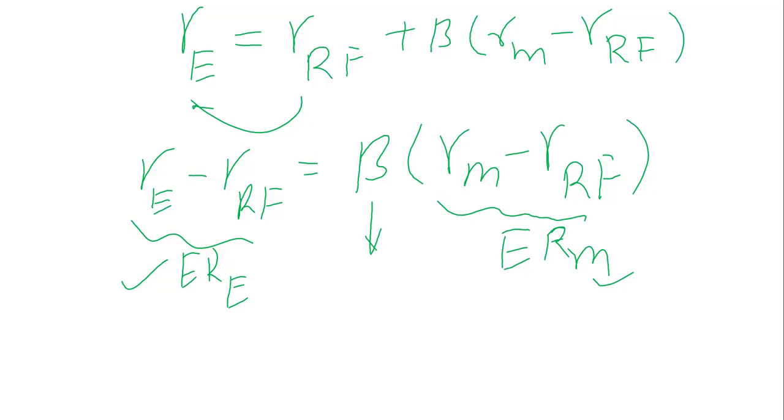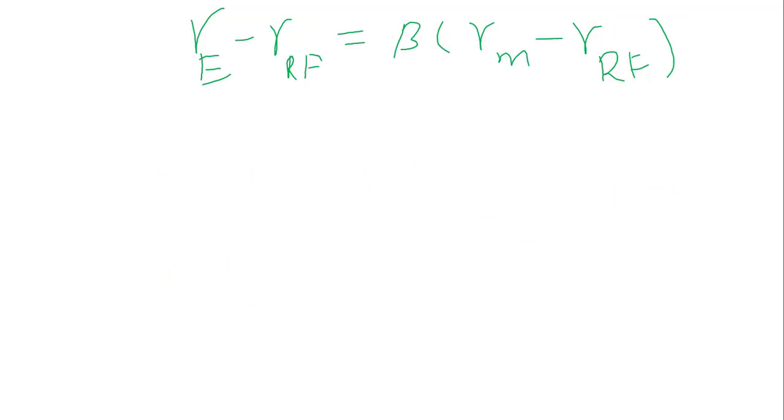If beta is more than 1, the return on the security is more volatile than the market. If beta is less than 1, the return on the security is less volatile than the market.